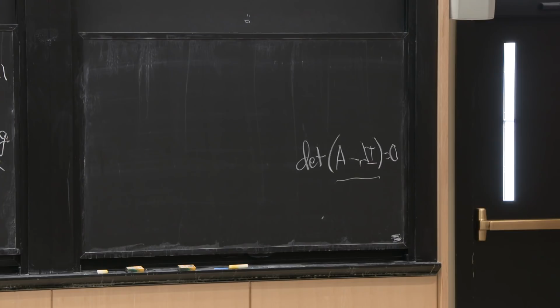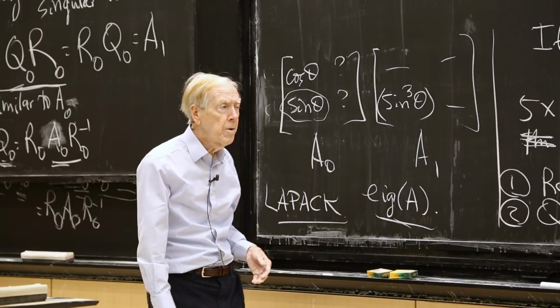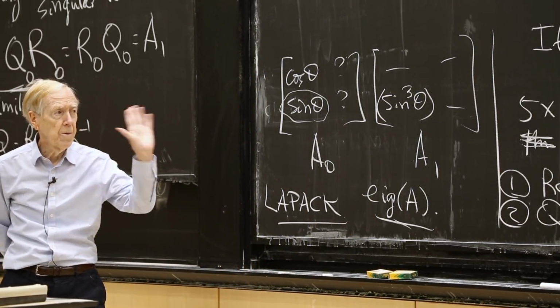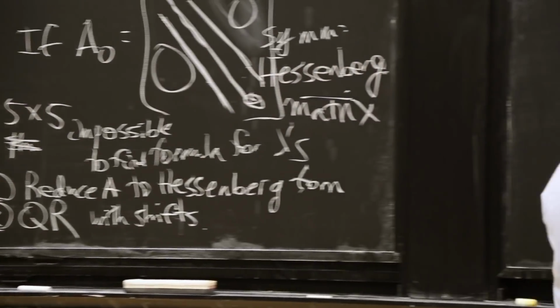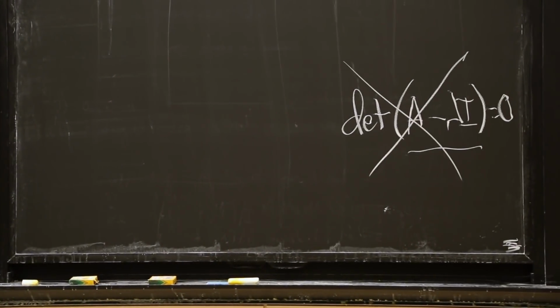A determinant, first of all, is extremely slow, and the determinant is packing all these n squared pieces of information into n coefficients, and it's hopelessly ill-conditioned. Yeah, you lose information all the time. So really, if this is going on camera, it better go on camera with an X, because don't do it.